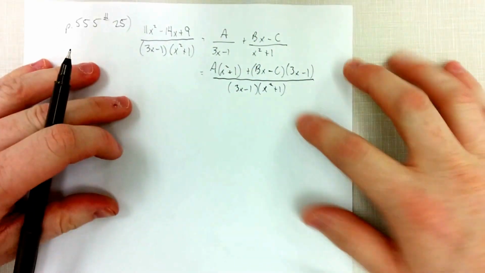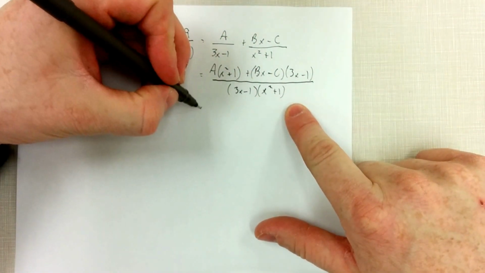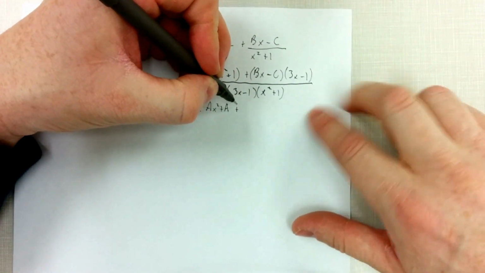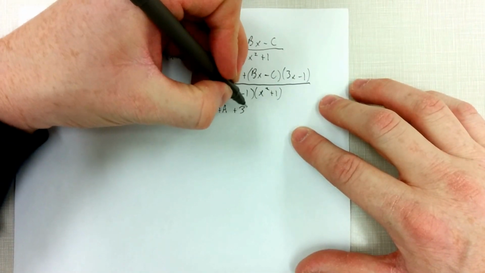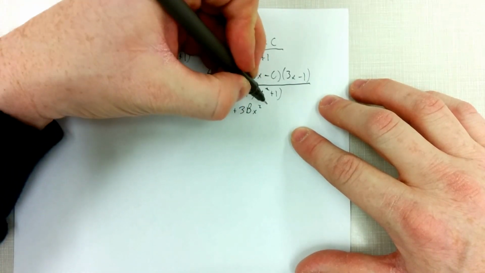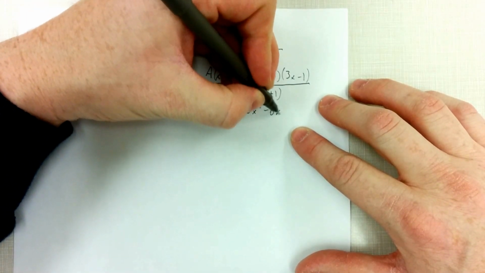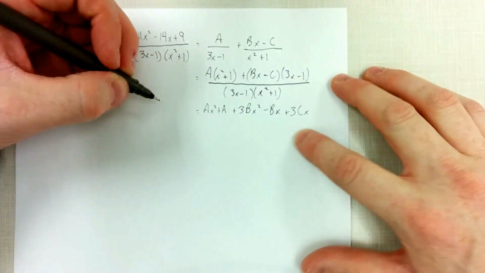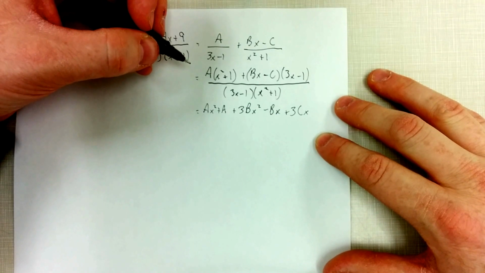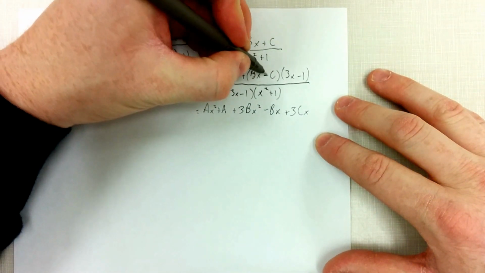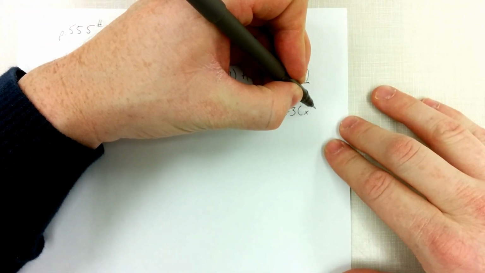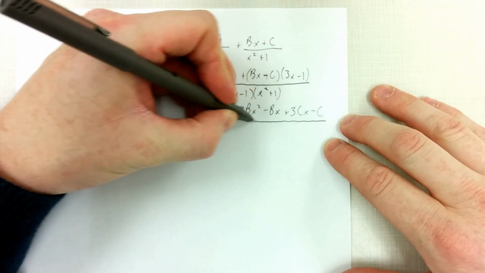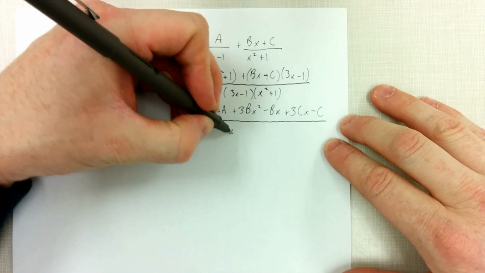And we'll expand and simplify this and get Ax squared plus A plus 3Bx squared minus Bx plus 3Cx. I think this is supposed to be plus down all the way down here because I'm going to end up with a minus C there. Okay, and that's going to be over the same.